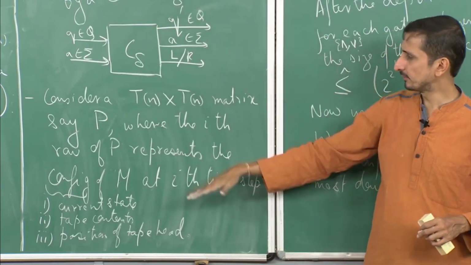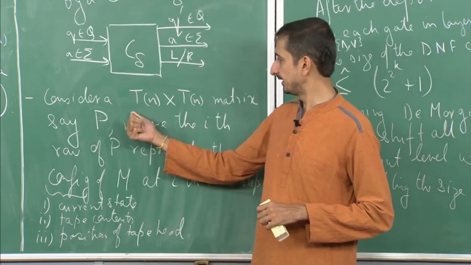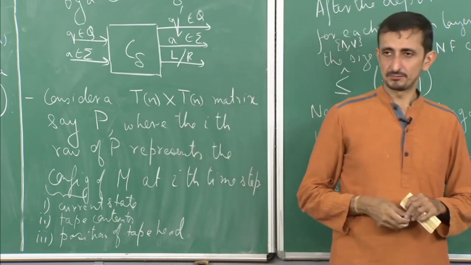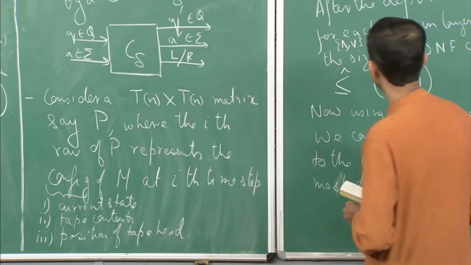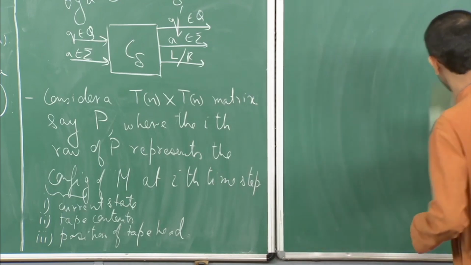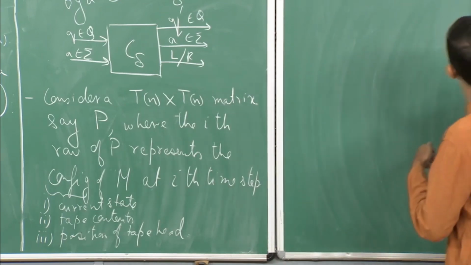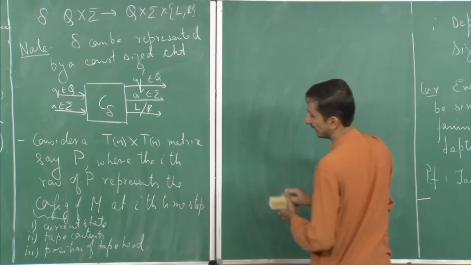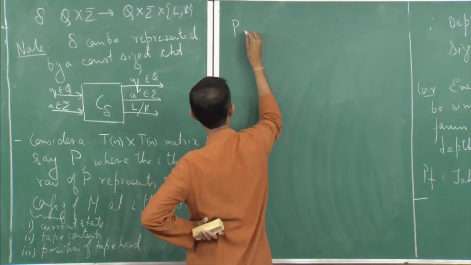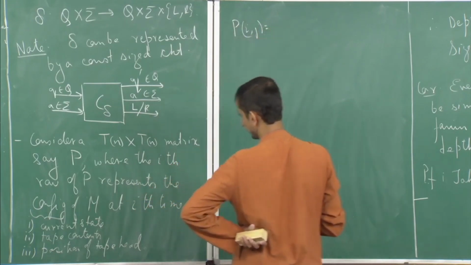The number of rows is bounded by the running time T of n, and the number of columns is also bounded by T of n. Now, let me be a little more specific about the contents of the entries. P of i comma j will store the following.